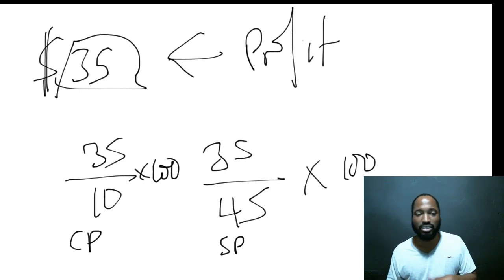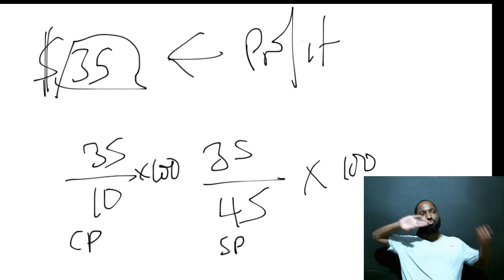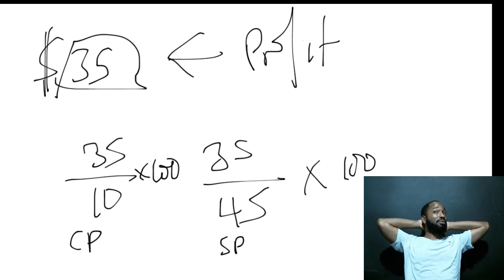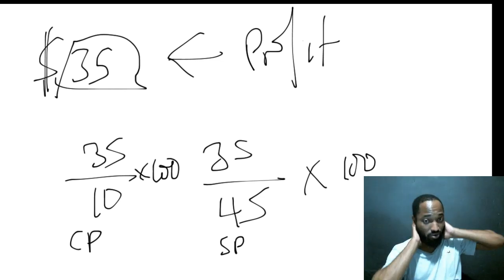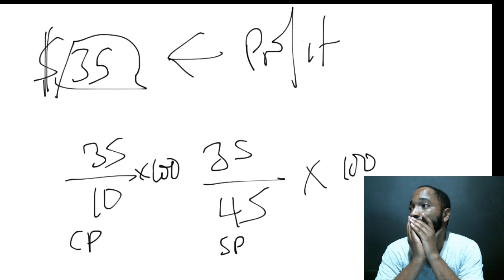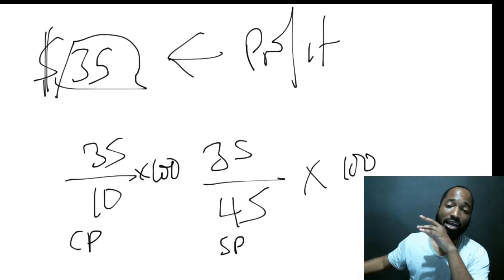So it's not selling price, it's actually cost price. Most of the time profit is, because think about it, it's more meaningful for me to know how much money I'm making based off of how much money I am buying stuff for. If I bought something for $100 and I made $10, I don't want to put the $10 over how much money I sell it for.